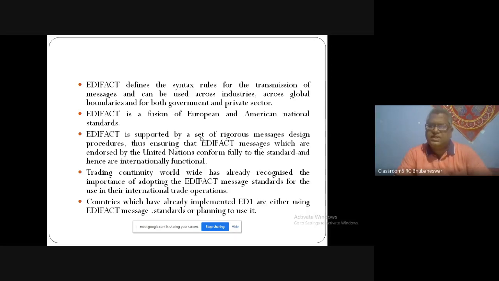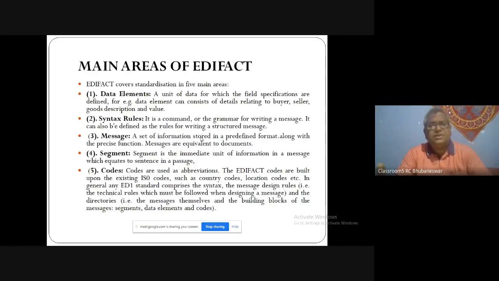This can be used in European nations and American nations, and it is a rigorous message standard. It is recognized worldwide, and the countries have implemented it properly also. These are some of the issues with regard to EDIFACT. In EDIFACT, the main focus area is syntax, and that is called syntax rules.